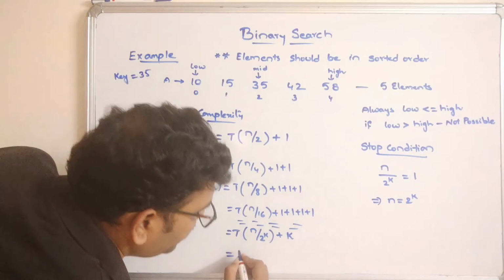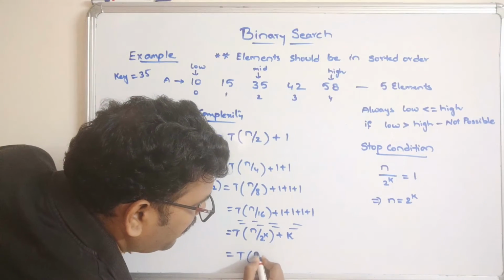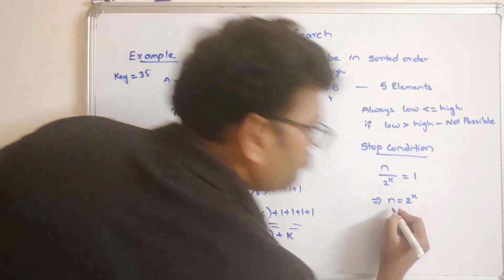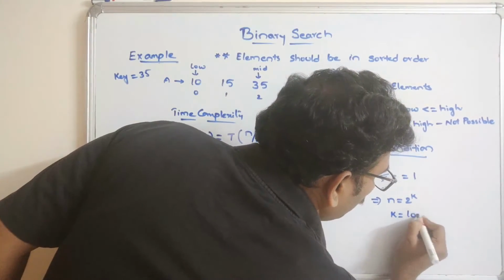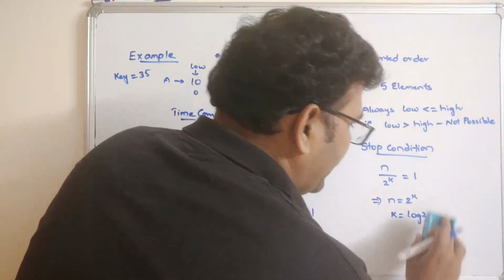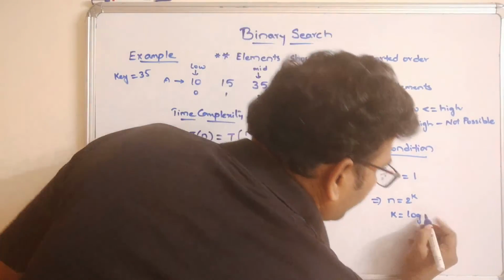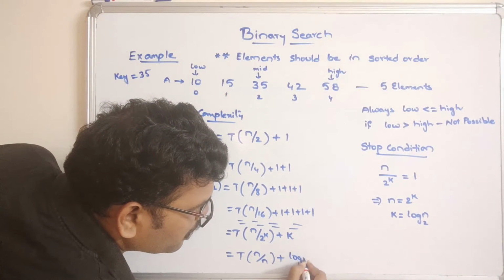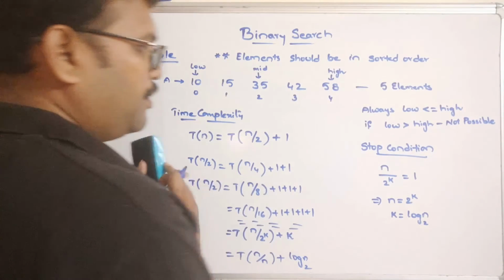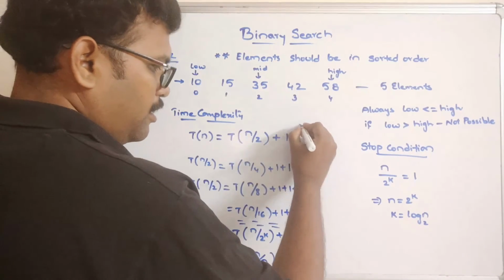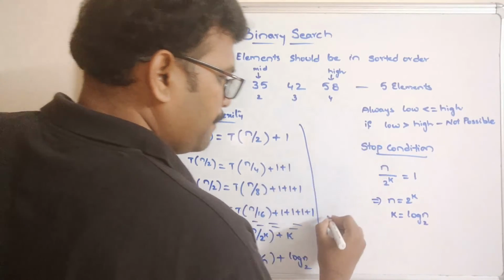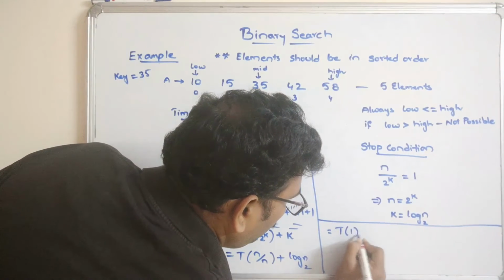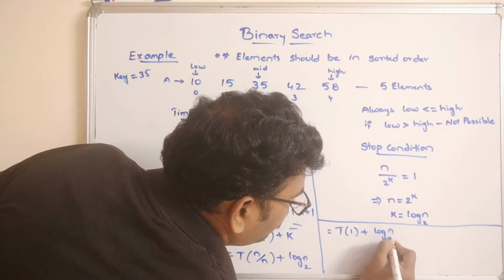So the same process will be repeated, and T of n by 2 power k is T of 1 plus k. What is the k value? k is log n base 2. So we can represent it as log n base 2. That is equal to T of 1 plus log n base 2.